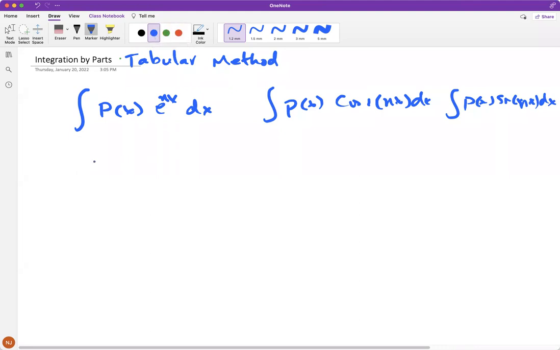Let's say you want to take the integral of x to the power 4 times e to the power 3x dx.